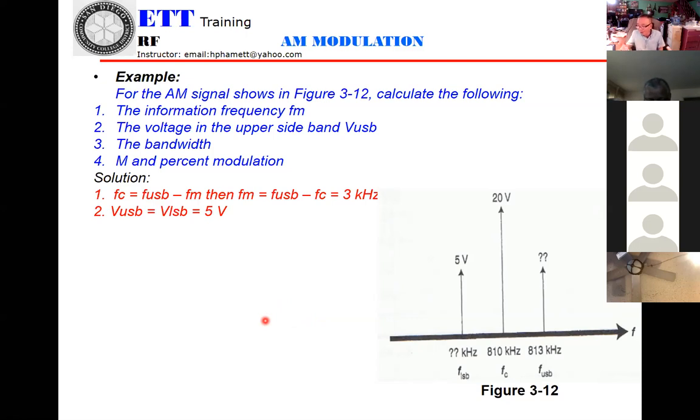Your voice does not show up here on the display. However, you get an upper frequency of 813 and a carrier of 810, you take 813 minus 810, that's why you get 3K. Got it.